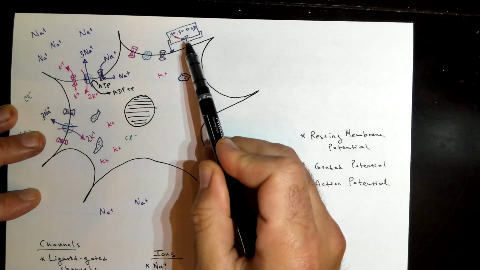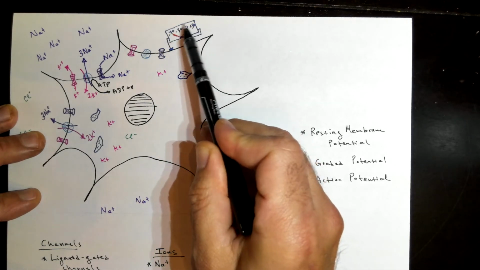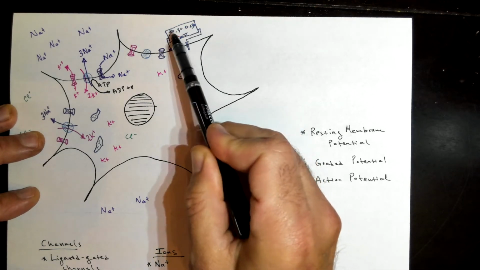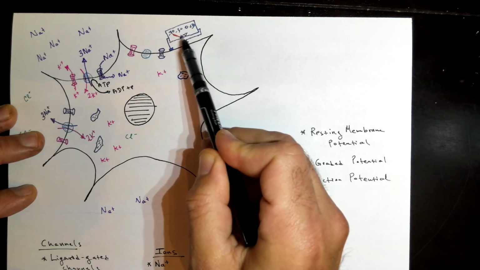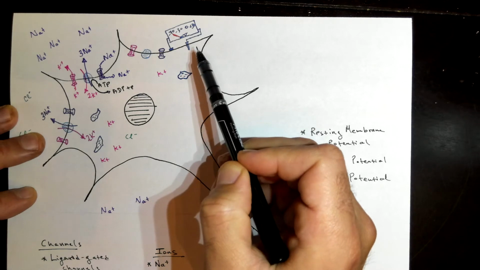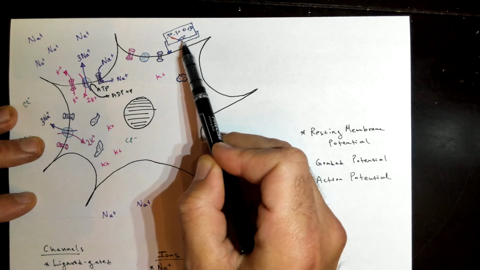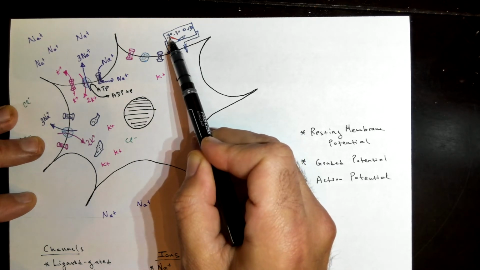Now notice that this voltmeter that we use, and this is done through experimentation by scientists, they use these devices to see what the differences are inside and outside. And you can see that this voltmeter in millivolts, little m, big V right there, has a line going to minus 70 millivolts.